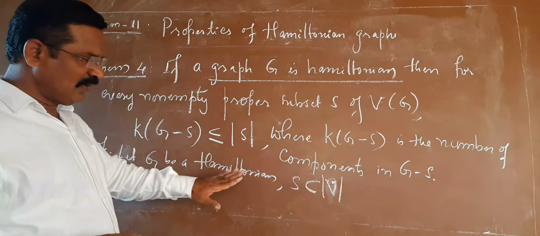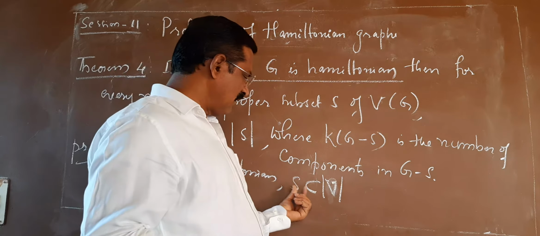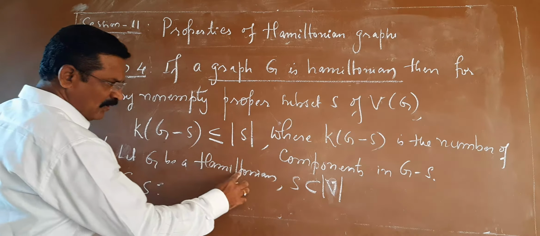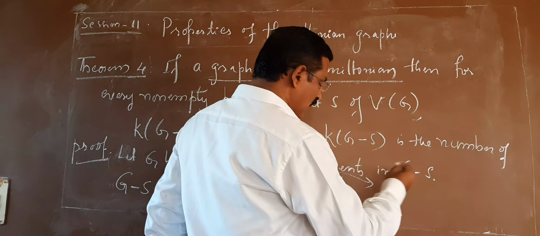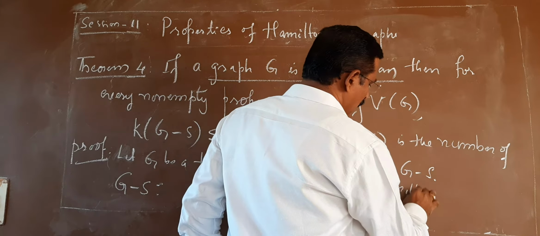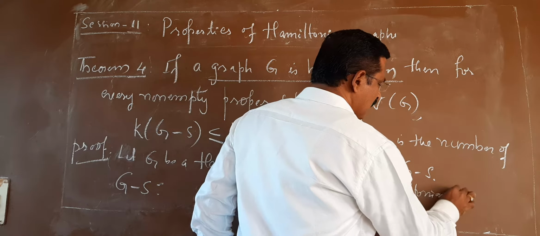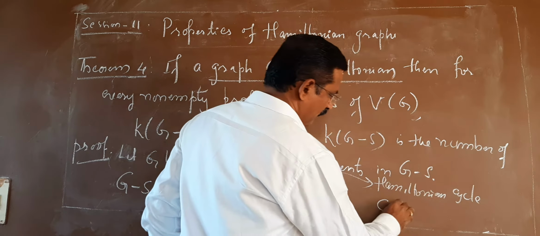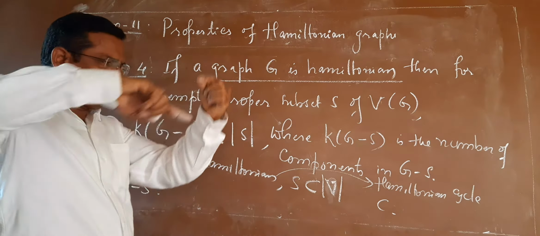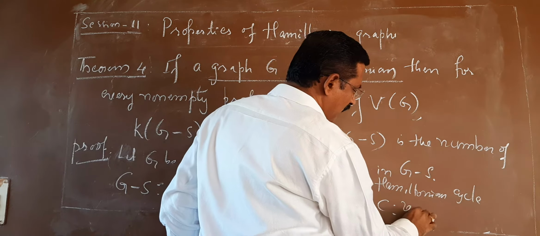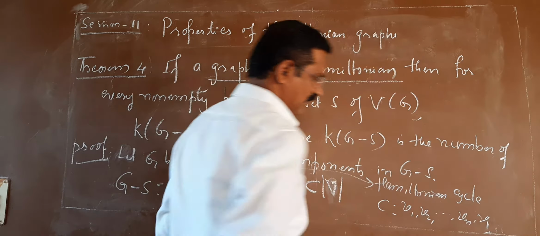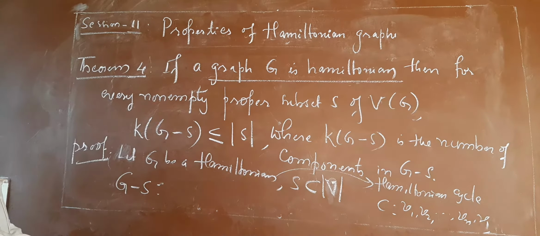Since G is Hamiltonian, obviously there exists a Hamiltonian cycle, say C, a cycle containing all vertices of the graph. Say it is V1, V2, and so on, Vn, and at last V1, because we have to come back to the same starting point.